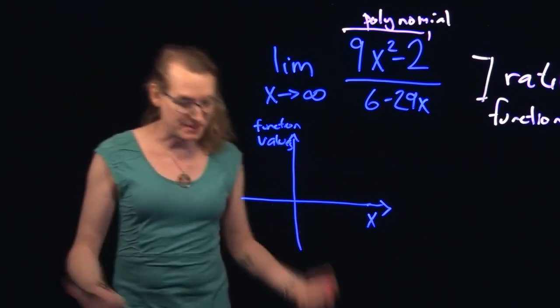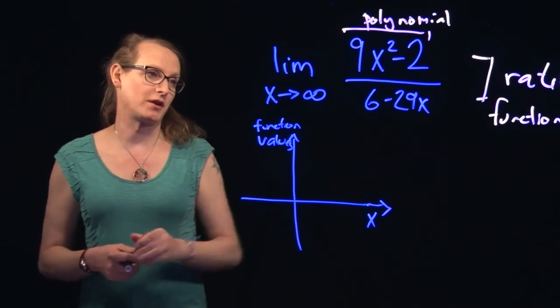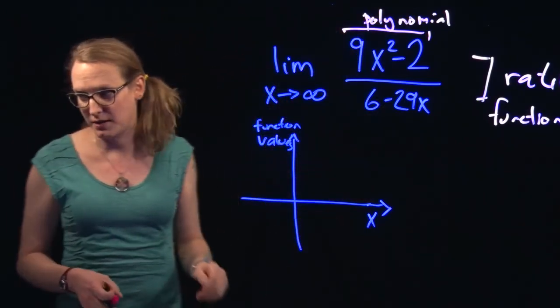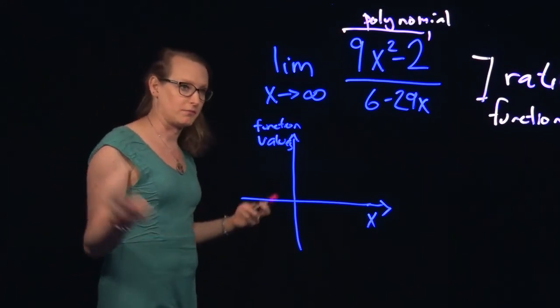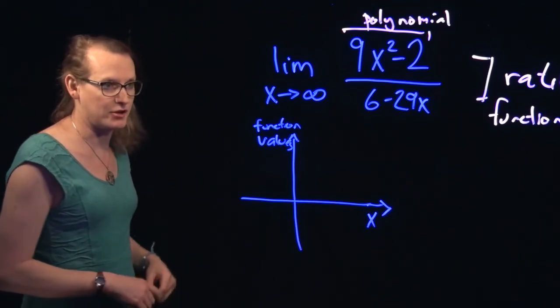Why do I not just substitute? Well, x is getting bigger and bigger and bigger, and infinity is not a number. So I can't, formally speaking, just plug it in and evaluate. I have to do some other tricks to figure out what the precise value of this thing is.